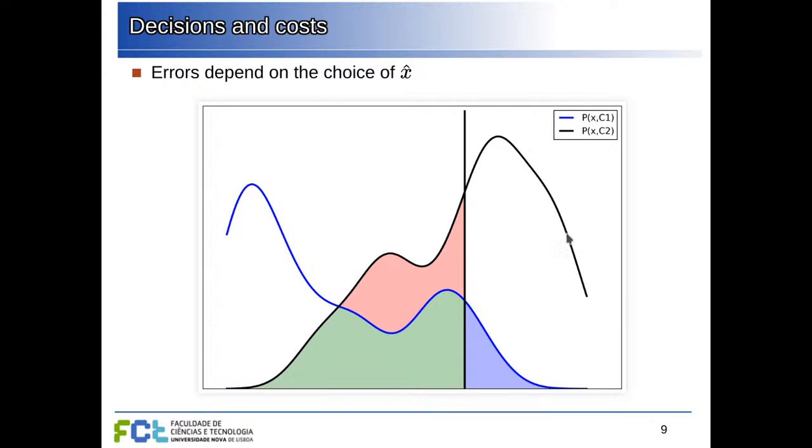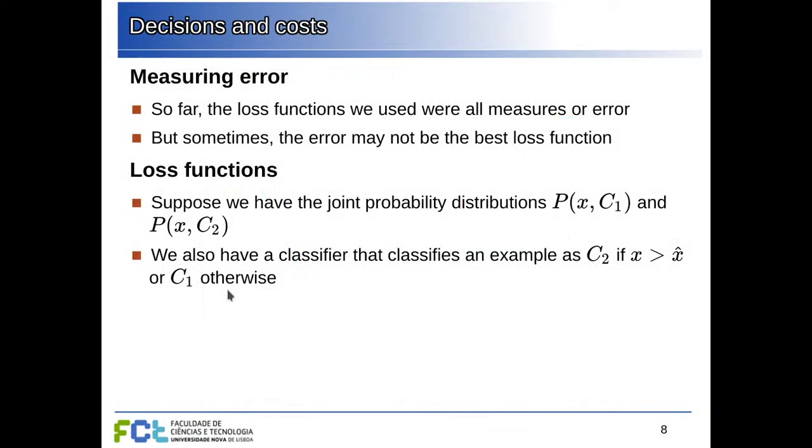So class 2 is more prevalent on this side, class 1 is more common here. And suppose that we have a very simple classifier that just looks at x, and if x is larger than some threshold value, it belongs to class 2, and otherwise it belongs to class 1.